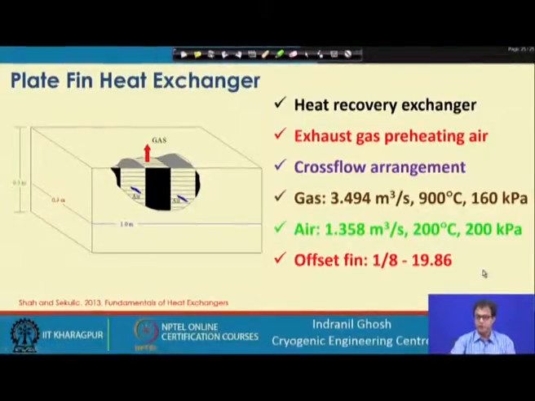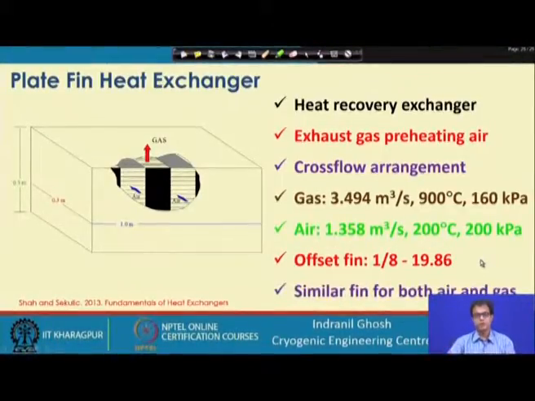Then we have another piece of information, that the same fin is used both on the gas side as well as on the air side. Both air and gas side will have the same offset strip fin 1/8-19.86. These are the things that are known.